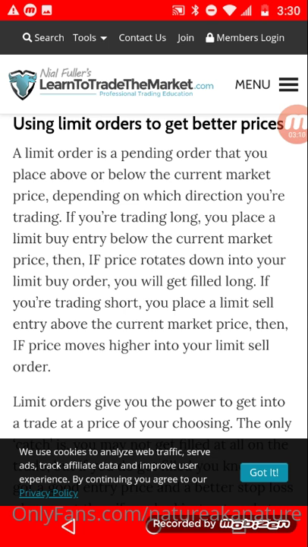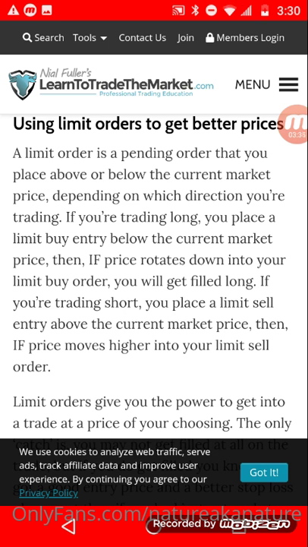So, a limit order is a pending order that you place above or below the current market price. It's pending. It doesn't hit until price actually hits your limit order, your buy order or your sell order. So it's pending until then.